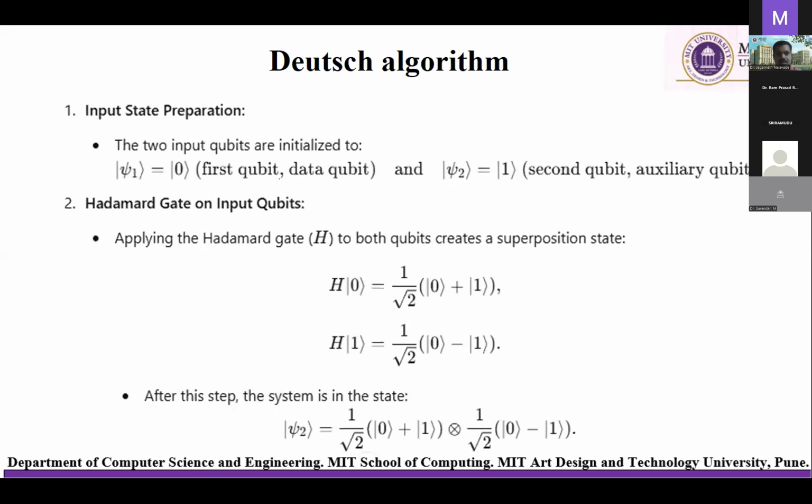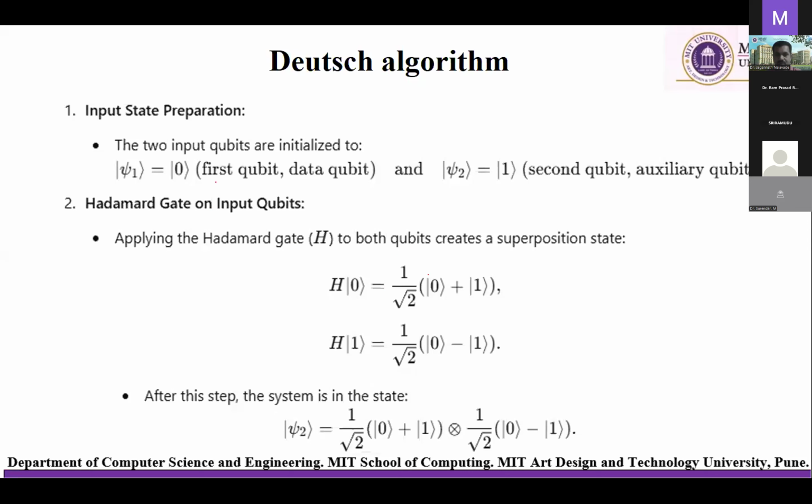Initially, at the first stage, if 2 input bits are initialized, then ket psi 1 will be ket 0, and ket psi 2 will be ket 1. This is considered the second qubit. After applying the Hadamard gate to both qubits, it creates superposition states.